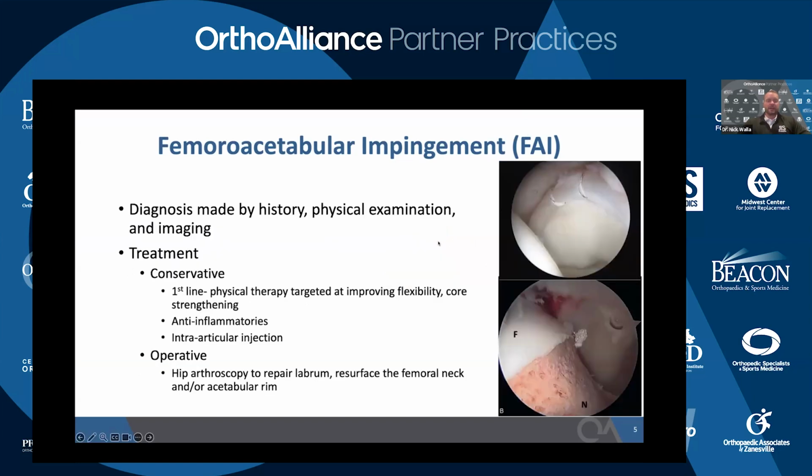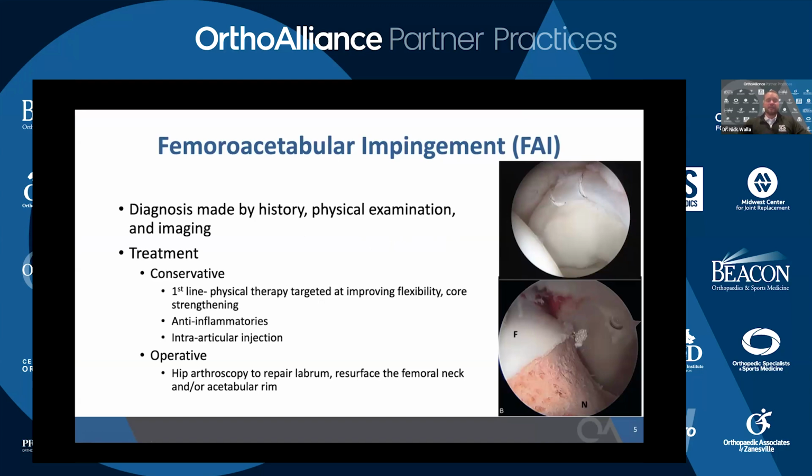A little bit more insight into this. So the diagnosis of this is you have to have a thorough examination of the hip as well as appropriate imaging. And the treatment for it, we start conservatively, as you've heard. A lot of things in orthopedics, we try to take care of the problem non-operatively, which would involve physical therapy, which would be targeting flexibility of the hip, as well as some core strengthening, and then anti-inflammatory modalities like ibuprofen, Aleve.